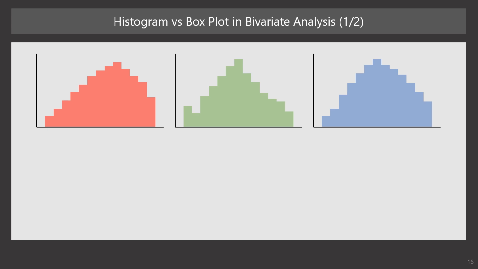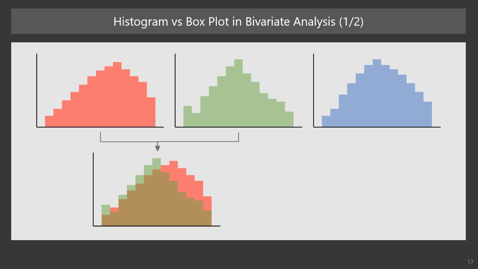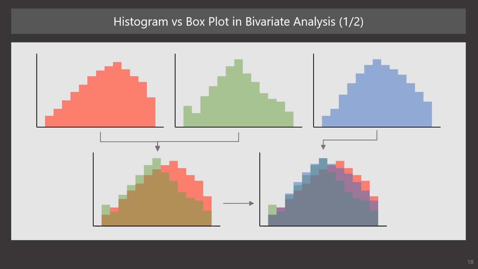However, even if you line up multiple histograms horizontally and vertically, it is not easy for us to see the difference between categories. We can stack 2 histograms to see the difference between the two. However, if we stack 3 or more histograms, it is very hard to see the difference between categories.